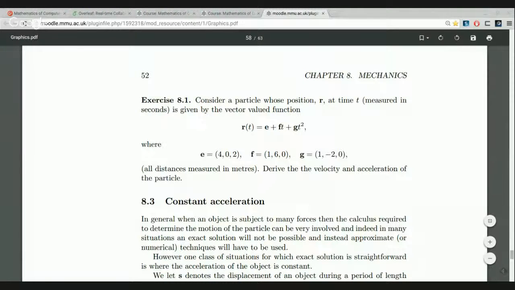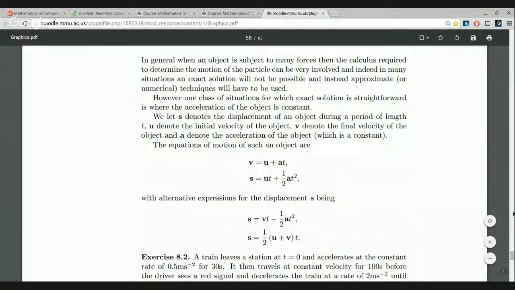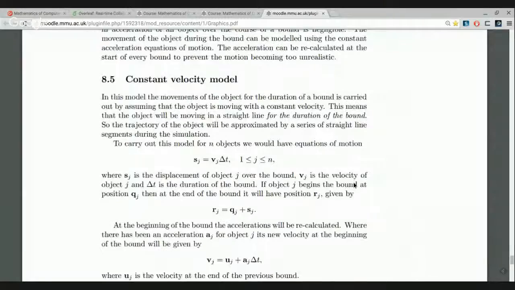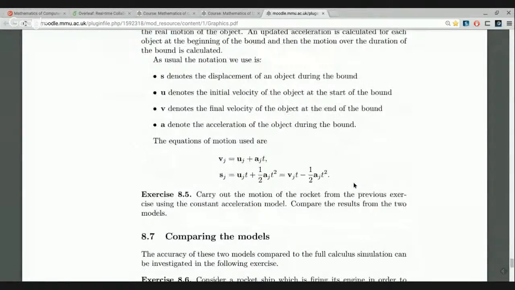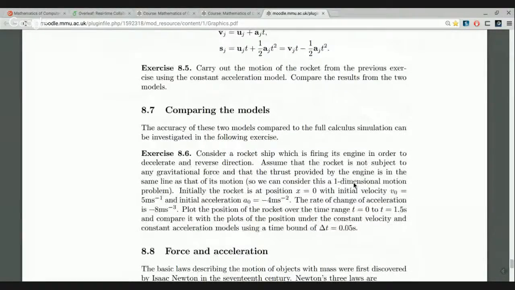The setup in exercise 8.6 is about a rocket going through space undergoing deceleration. So think of a rocket ship firing its engines in order to decelerate and reverse direction.